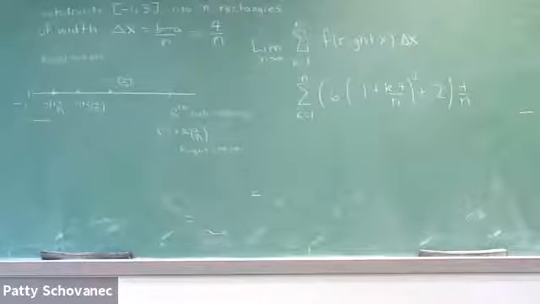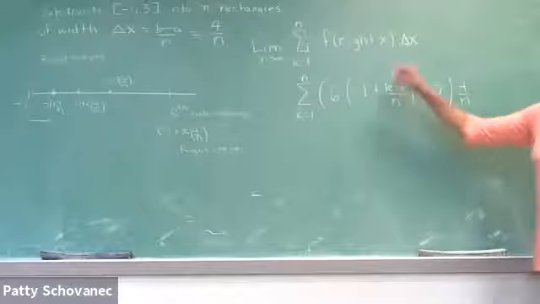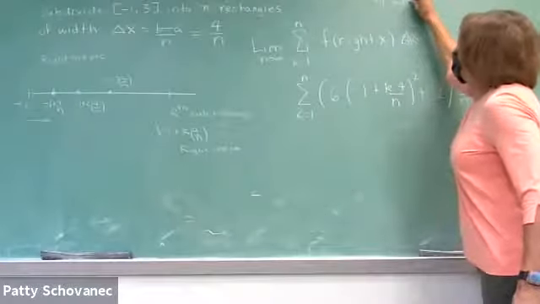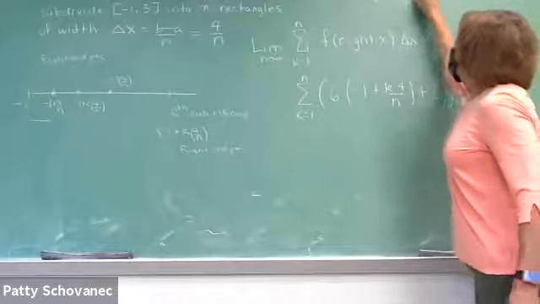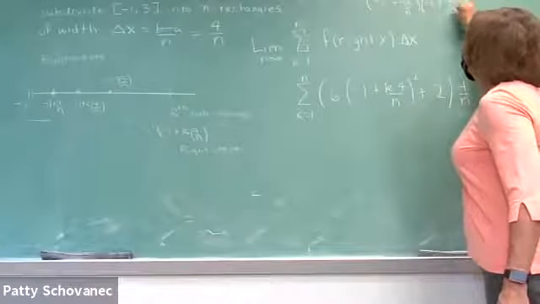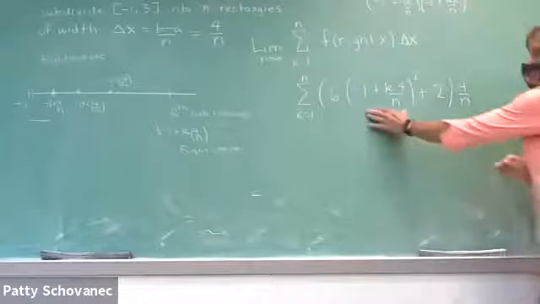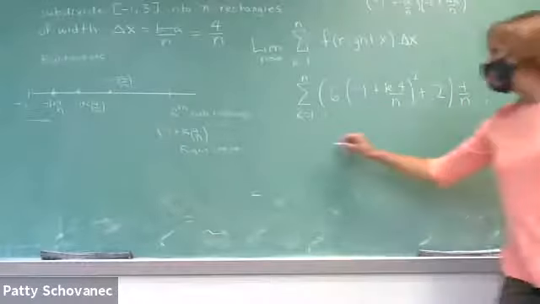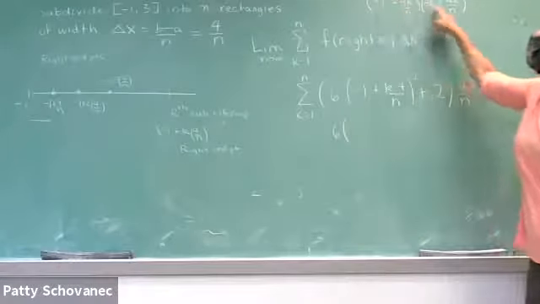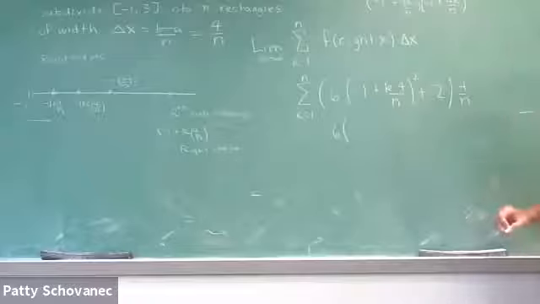Now I'm going to square that. I'm going to square this thing by taking -1. Let me write that as 4k over n. We're going to square that right here. So I get -1 times -1 is 1.